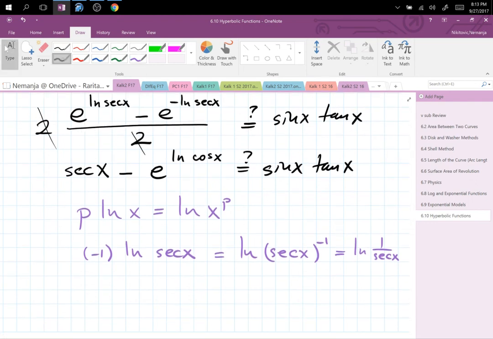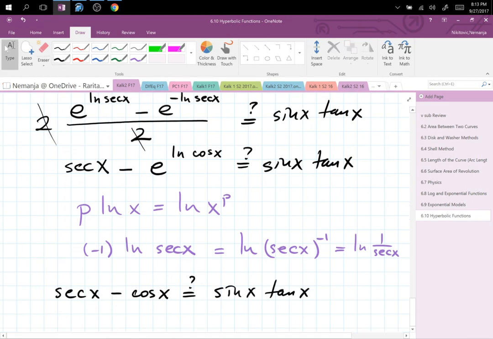So now in the next step we have sec x minus cos x, and that is supposed to be equal to sin x times tan x.